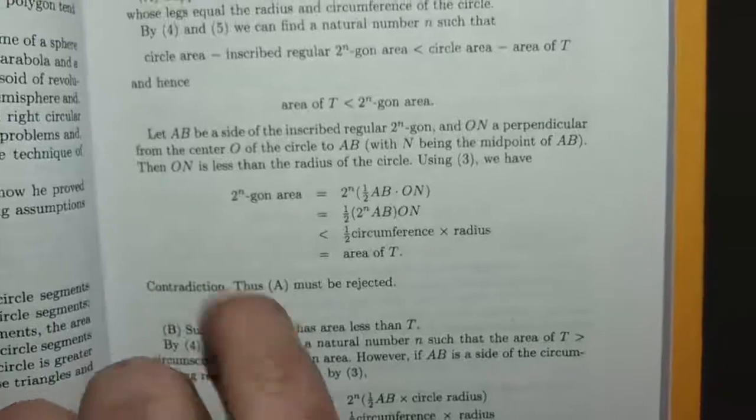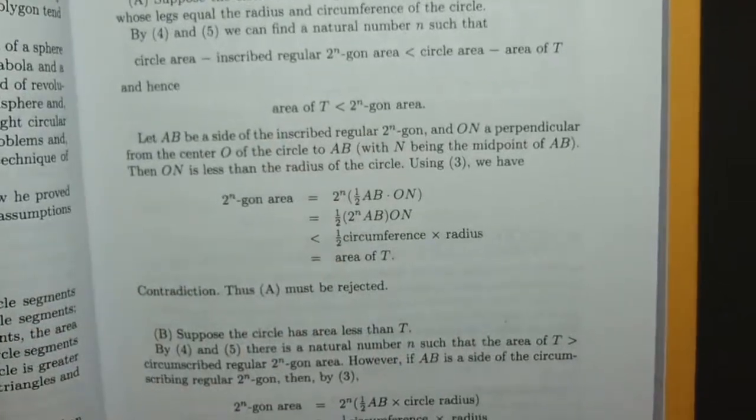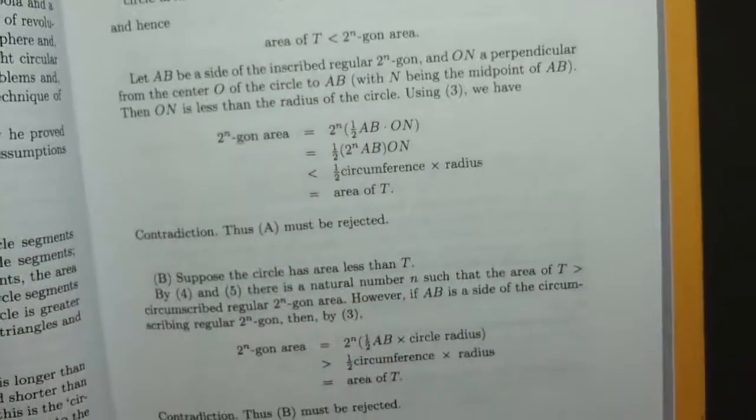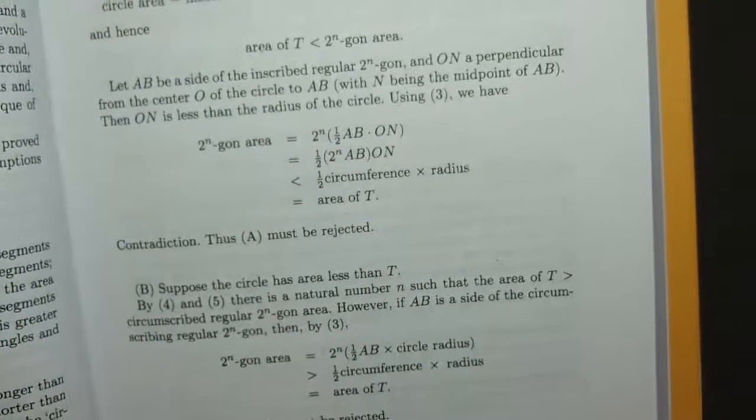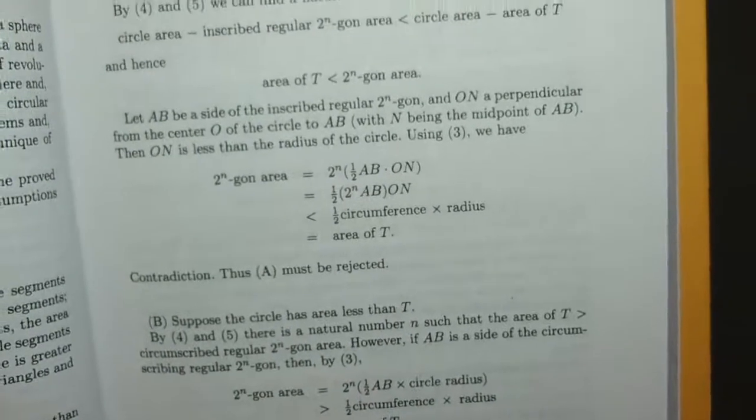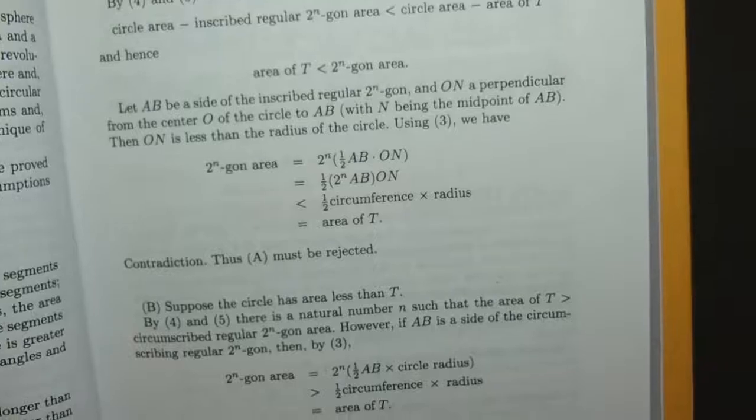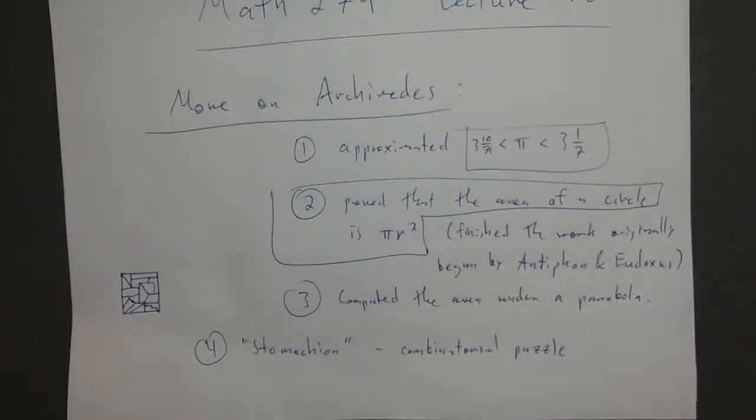If the area of my circle can't be greater than the area of T, and it also can't be less than the area of T, then it has to be equal to the area of T. But the area of T is pi r squared. So the area of the circle is pi r squared. Okay, so this is an example of Archimedes' type of reasoning, and this was the original proof that the area of a circle is pi r squared.